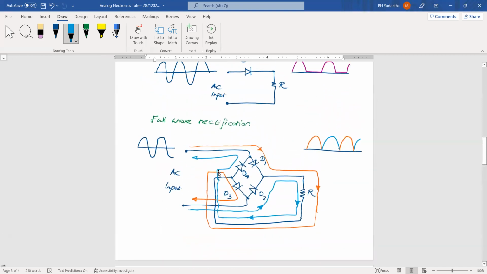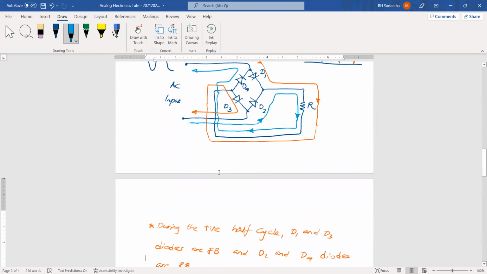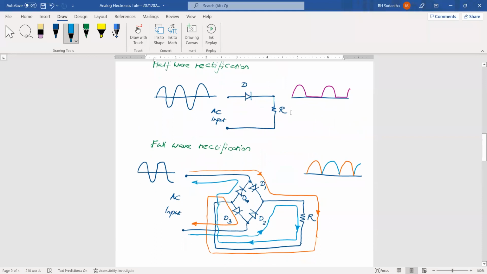Here we haven't discussed smoothing, but you should know about smoothing also, and how smoothing happens when we put a capacitor. Then we can include a reservoir capacitor in parallel to resistor R. Then with that we can smooth the output voltage.